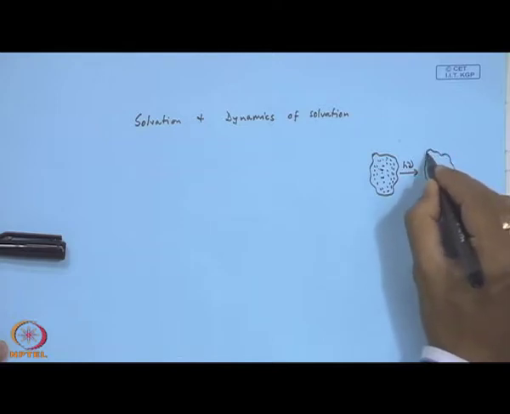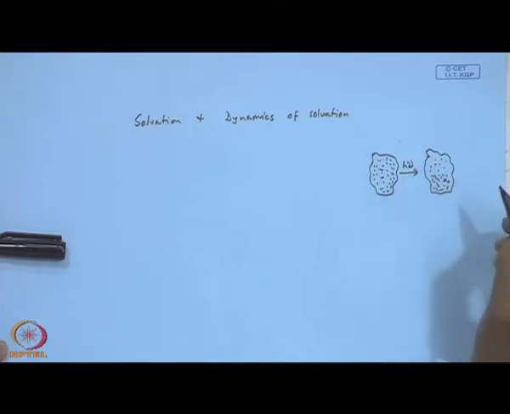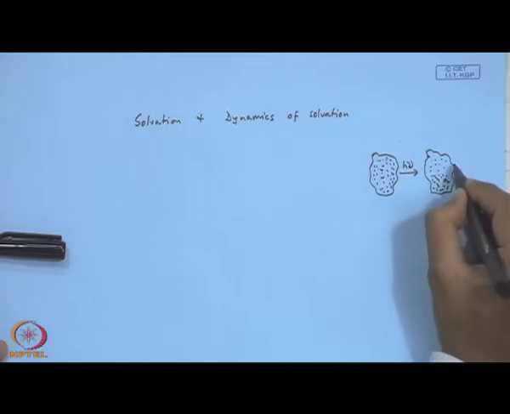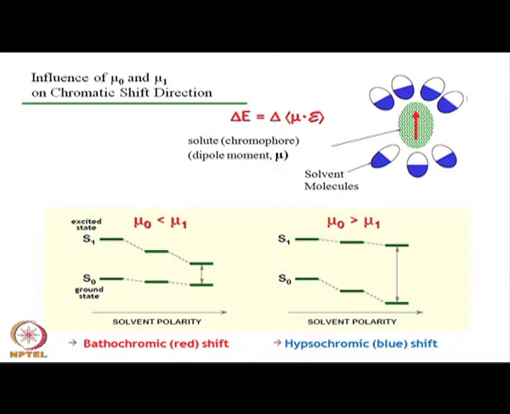In this molecule, because of this photoexcitation, the majority of the charge is now displaced to this region. So this part is delta plus and this part is delta minus. So a dipole is induced. Because of this electron redistribution in the excited state with respect to the ground state, there is a change in dipole moment in the excited state compared to the ground state.